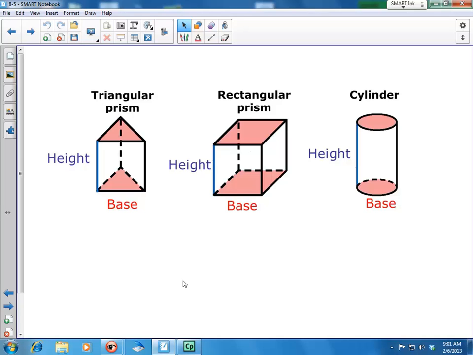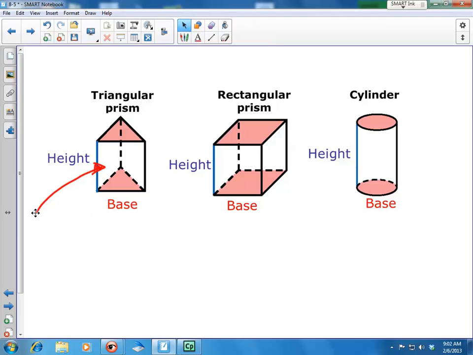If you have a triangular prism, the triangle is the base, even if it's not sitting on that shape. A lot of times a triangular prism will actually be sitting on this rectangle right here, which some of you might consider the base, but it's not. The triangle is always the base of our triangular prism.